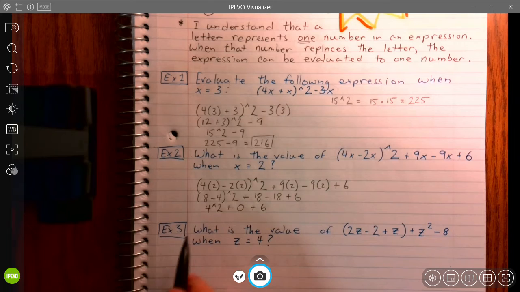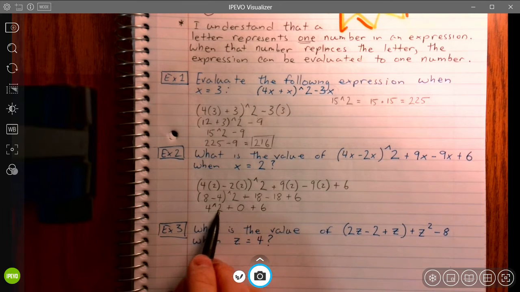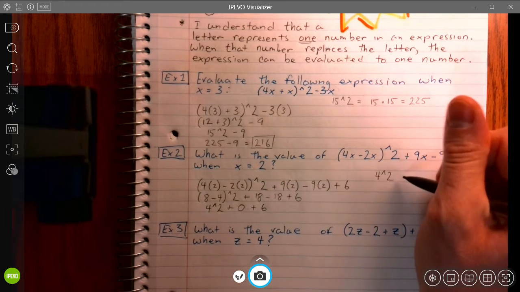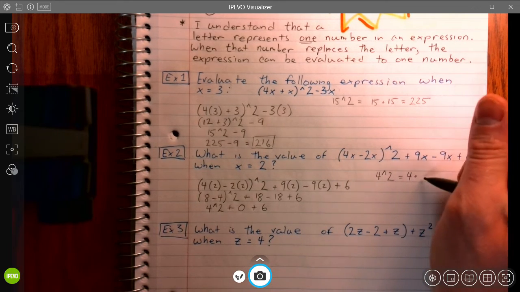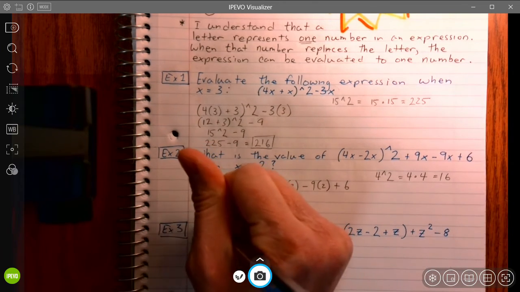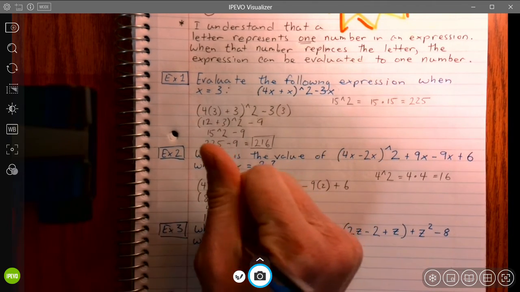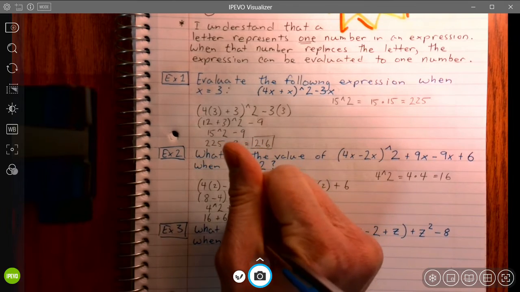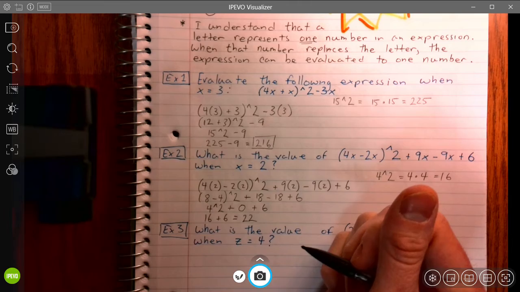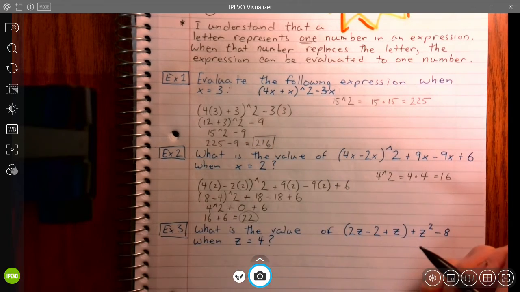Okay? 4 to the second power is equal to 4 times 4, which is 16. 16 plus 6 is equal to 22. Okay? And we're done.